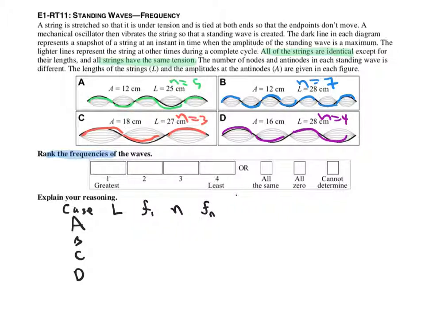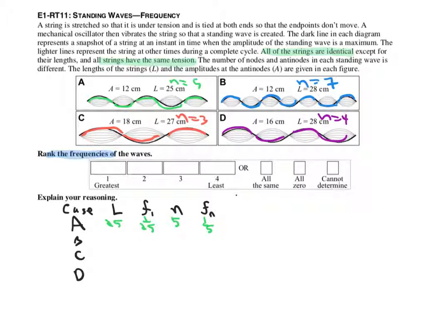For case A, our length was 25, so our frequency is going to be v over 2 times 25, and I'm going to write that as just 1 over 25 times the other stuff. But my mode is n, so my actual frequency becomes 5 over 25, or 1 over 5th of some multiple.